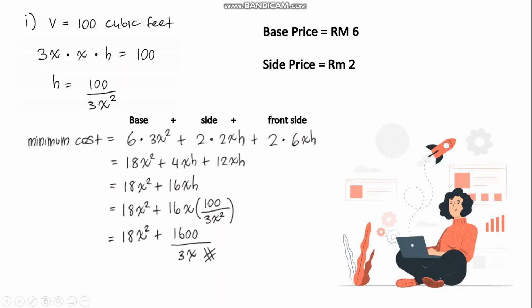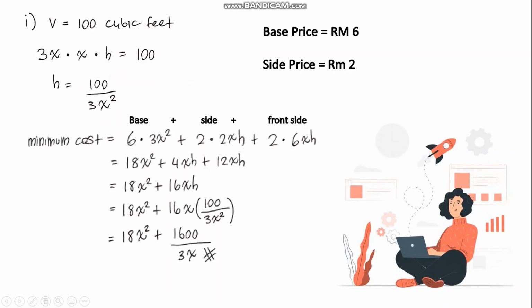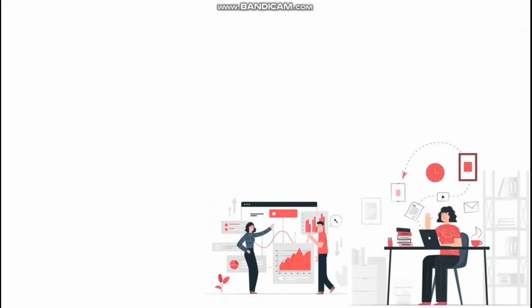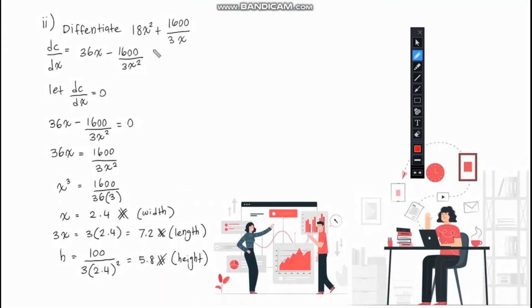Then you substitute 100 over 3S squared into H, and then simplify it to become 18S squared plus 1600 over 3S.